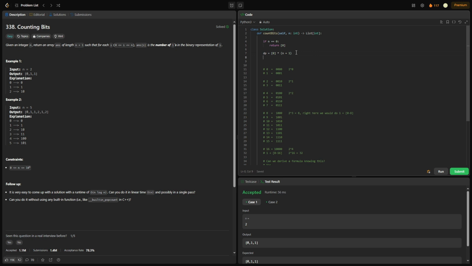Okay. Now, there's no reason for us to do a base case like this because we already initialized dp of 0 to 0, right? So dp of 1, we set that to 1, right? So we're going to pick off from here.